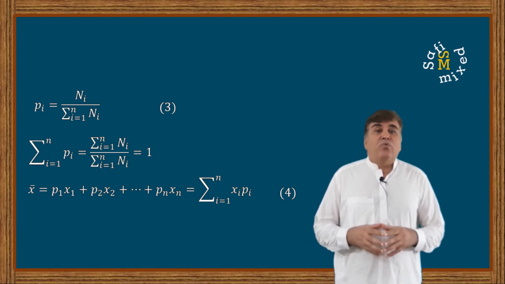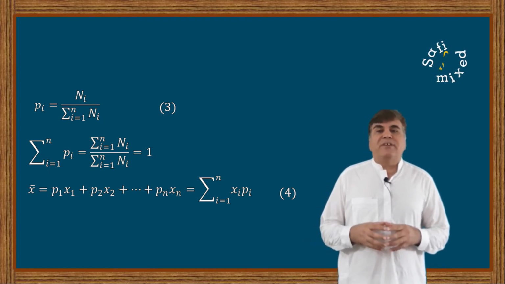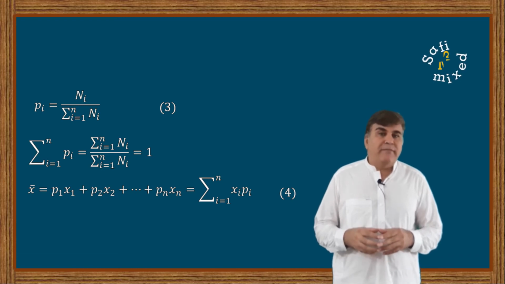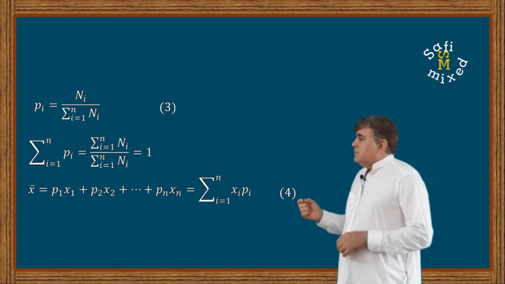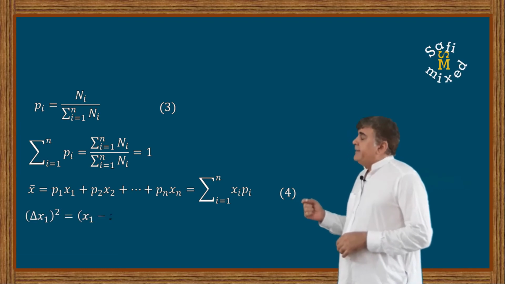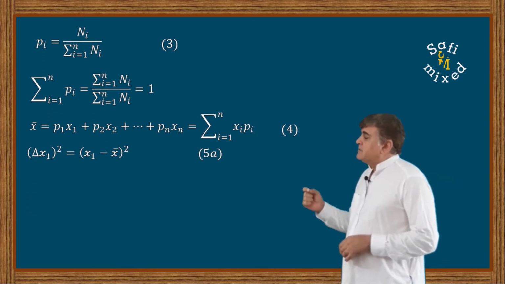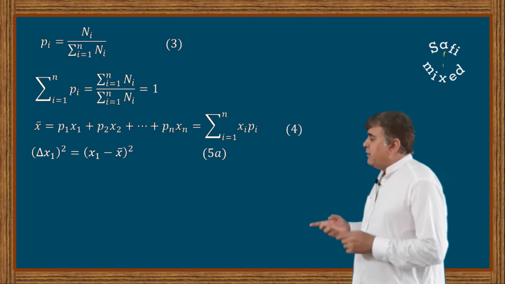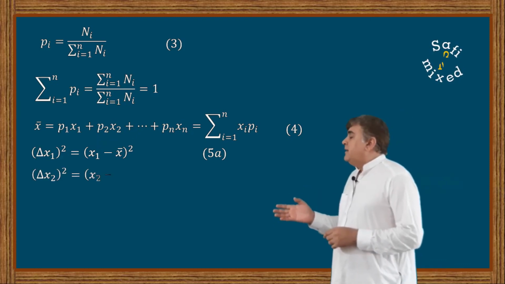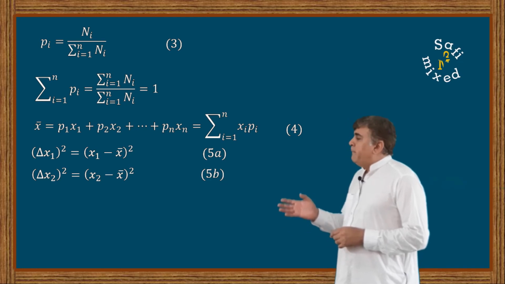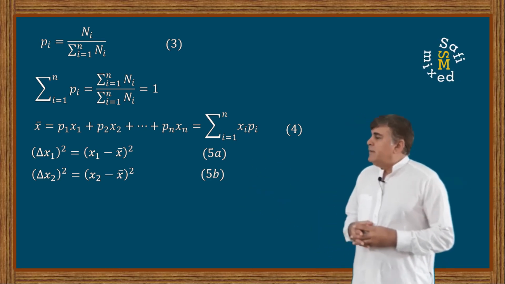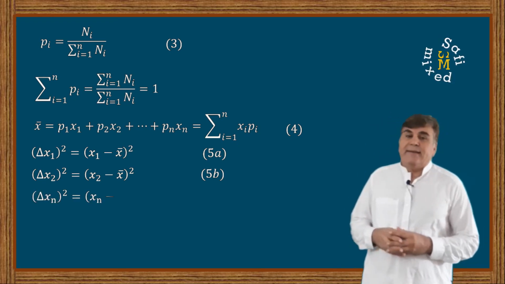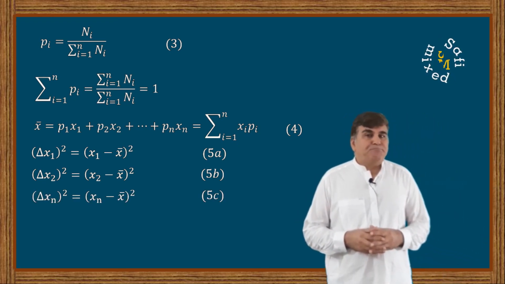To this end, we first find the square of the difference of each data point from the average in the following way: delta x1 squared equals x1 minus x bar whole square, delta x2 squared equals x2 minus x bar whole square, and similarly for the nth measurement delta xn.